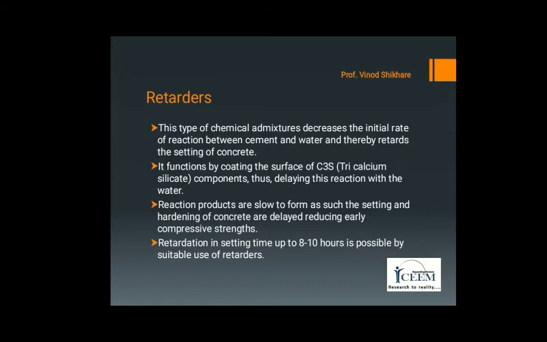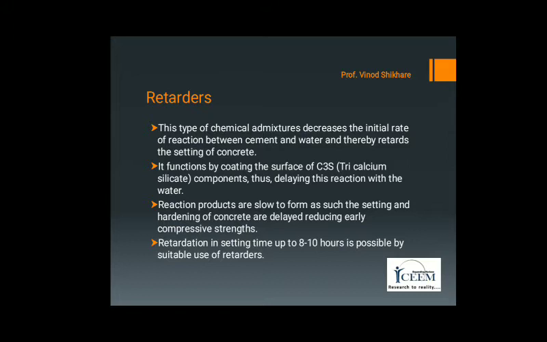This type of chemical admixture decreases the initial rate of reaction between cement and water and thereby retards the setting of concrete. It functions by coating the surface of C3S, that is tricalcium silicate compounds, thus delaying the hydration reaction with the water.